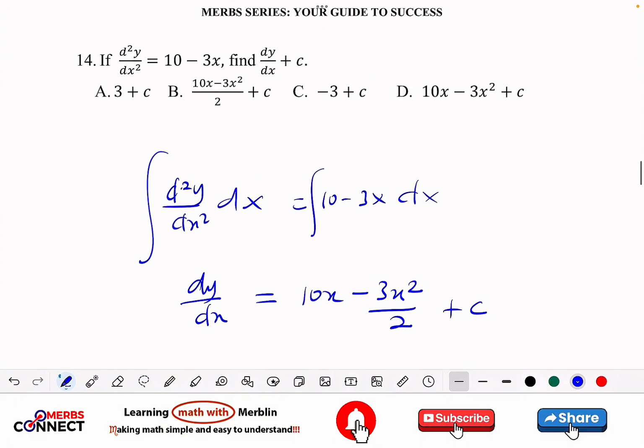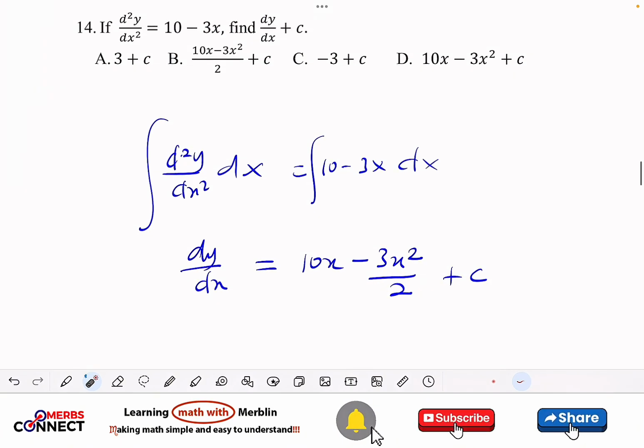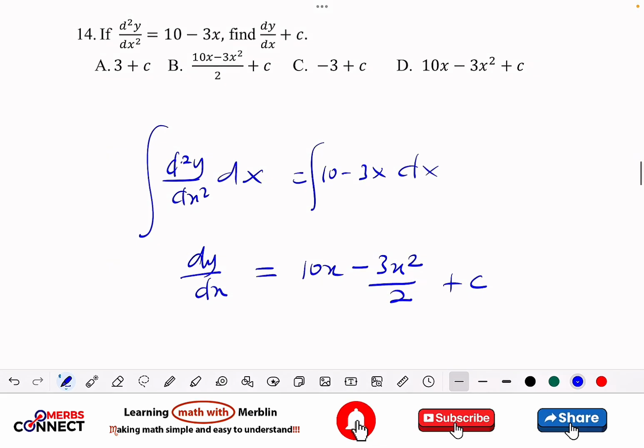Let's see if we have the answer there. Is this one right? No. It's not right. This is also not right, because when I want to divide, this one should be 20 here. So there is no answer from this. This one was almost right, but I don't know if there was a typing mistake from there.